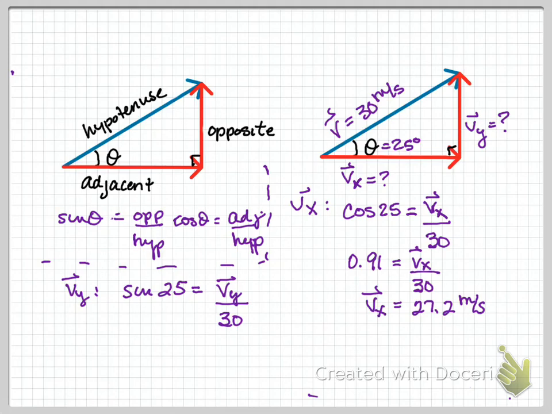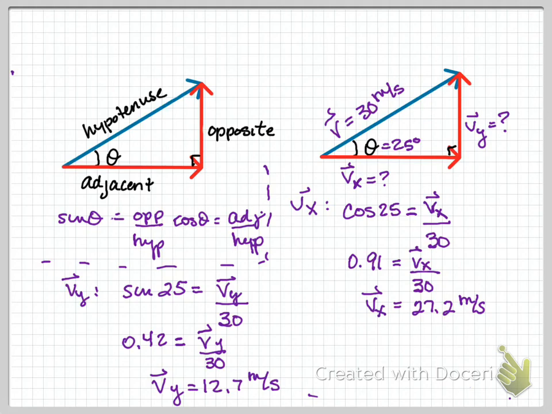Sine of 25 is 0.42 is equal to Vy over 30. So Vy is equal to 12.7 meters per second. And so that's how you'll be using trig.